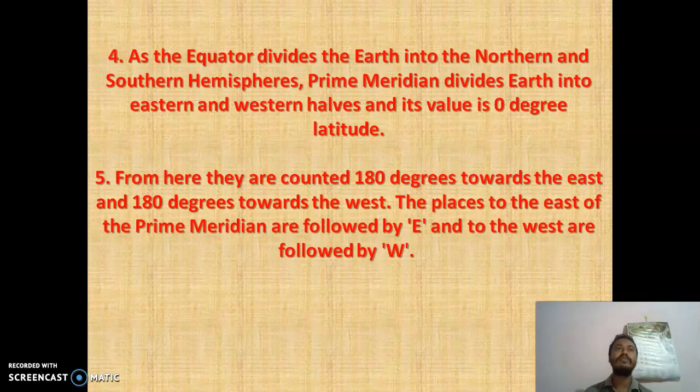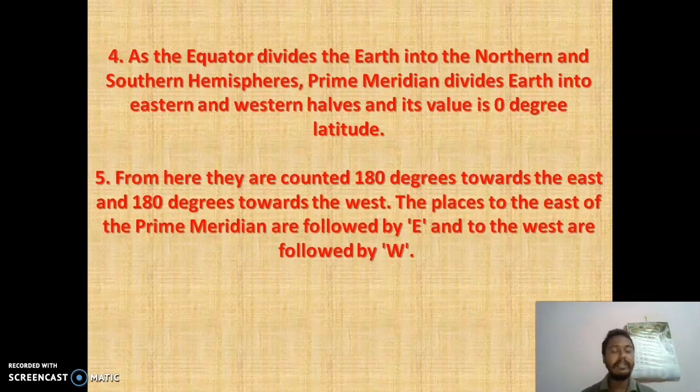Like in the last class, for latitudes on the northern side we wrote 23 and a half degrees north, and in the south 23 and a half degrees south. In the same way, in longitudes there is a prime meridian. From the prime meridian, this side we find 180 degrees, like 10, 20, and so on, and this side also 180 degrees. Those on the east side are written as 10 degrees east, 20 degrees east.